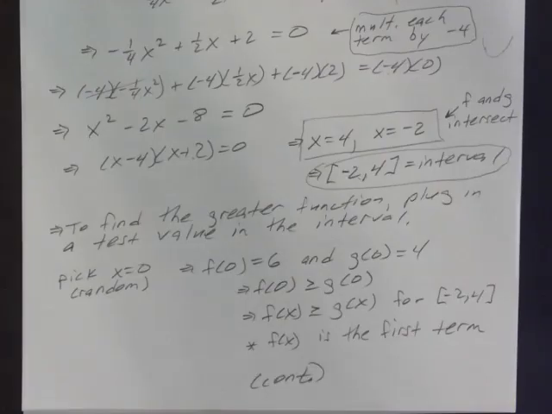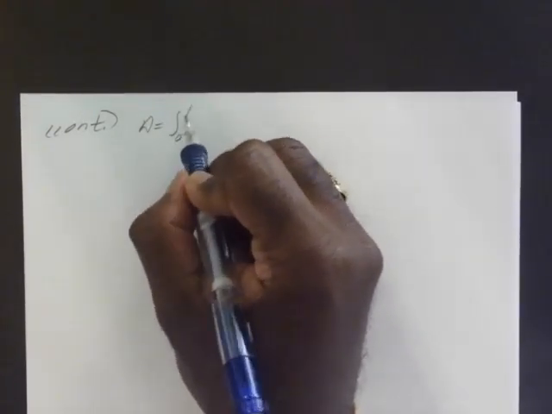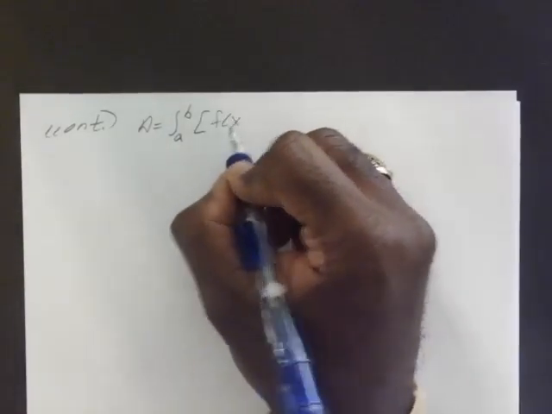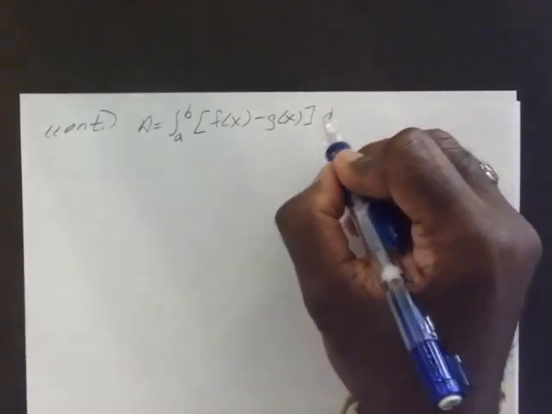Anyone still writing? All right. So that means the area of that region, the integral from a to b, since f of x is the greater function, f of x minus g of x with respect to x.